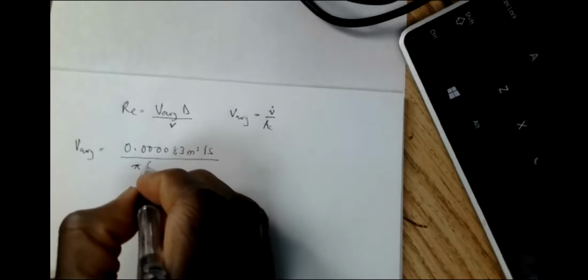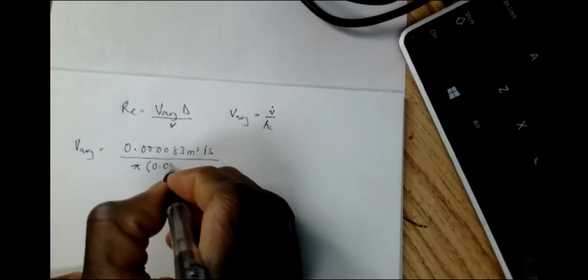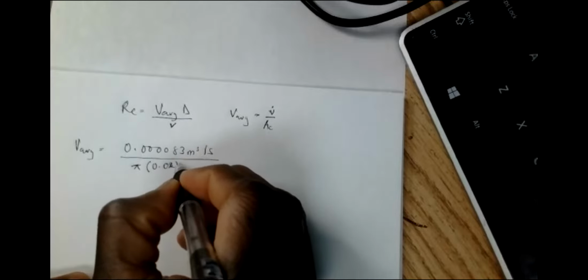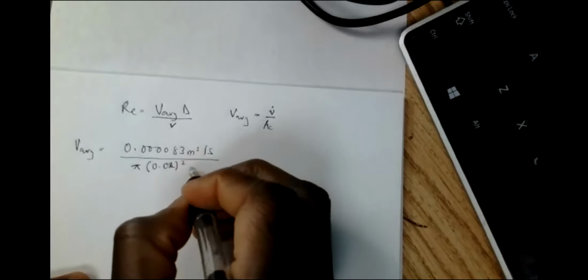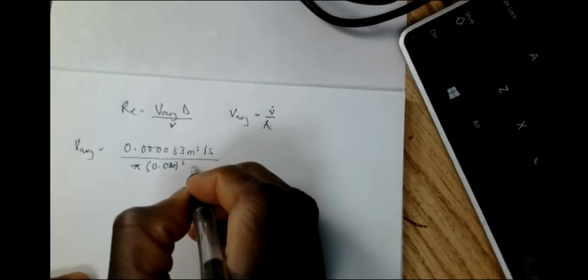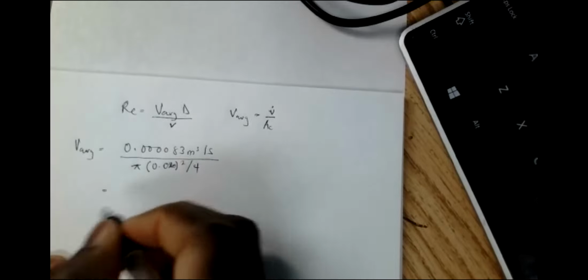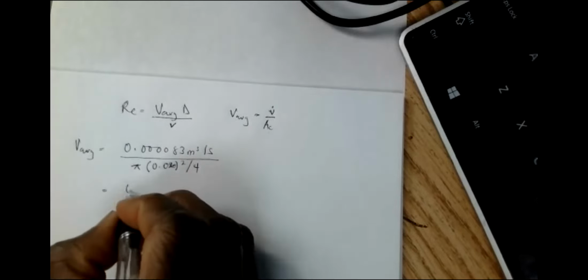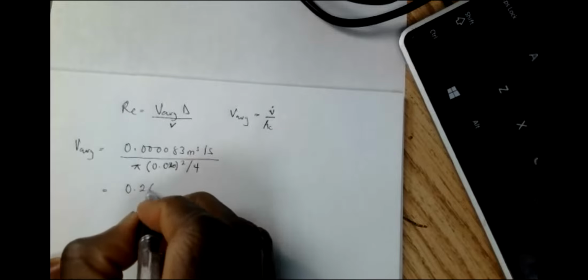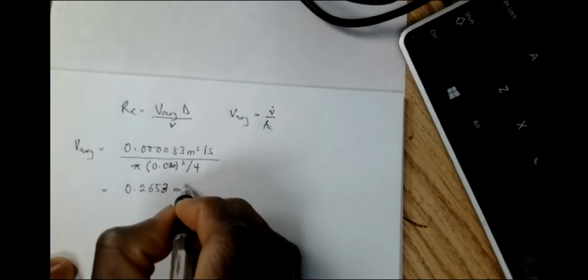So that's pi into 0.02 squared, this is in meters, and then divide this by 4. And so we get a V average to be 0.2653 meter per second.